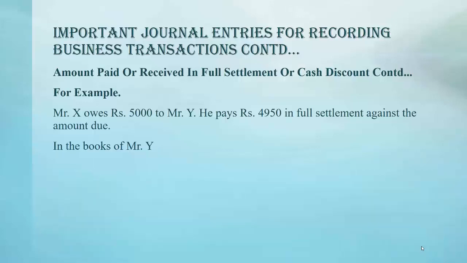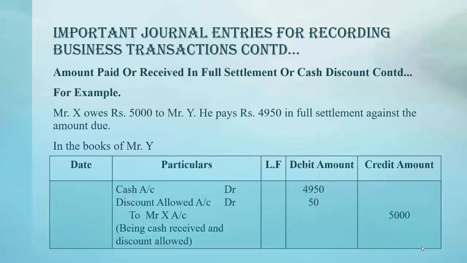So let's see the journal entry in the books of Mr. Y. Here cash account debit, discount allowed account debit to Mr. X account. Here cash account will be debited with rupees 4,950 because Mr. Y is receiving cash of rupees 4,950.